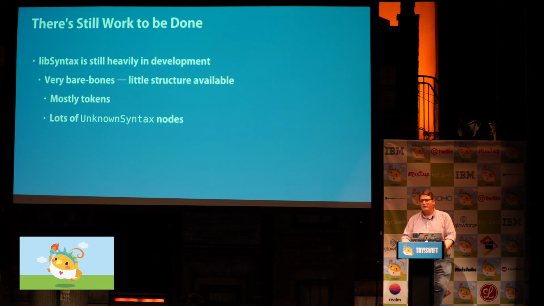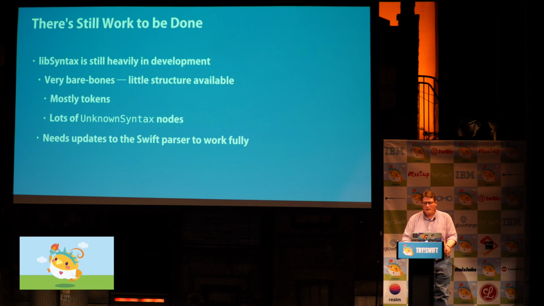Otherwise, you're going to see a lot of nodes called UnknownSyntax, and that's very unfortunate. To get that full structure, we need to go through and update the Swift parser to produce libSyntax nodes. Or we can flesh out this legacy AST transformer that's currently in the Swift compiler. There's a lot of options that we can do, but we still need to do some work to get it to give us a good structure.